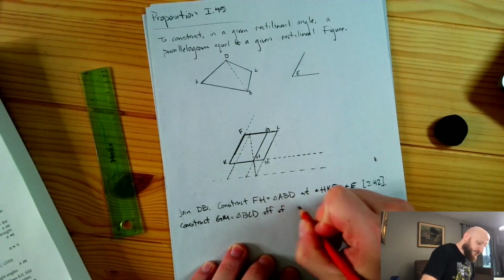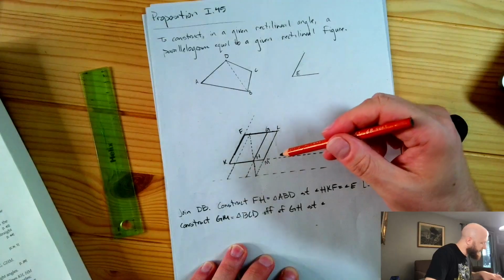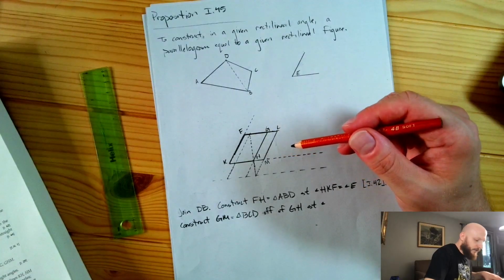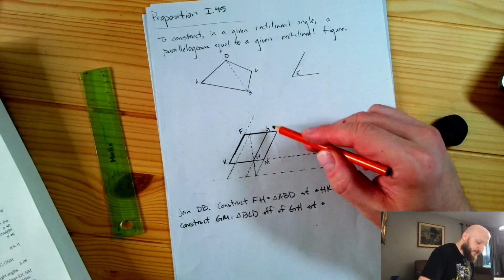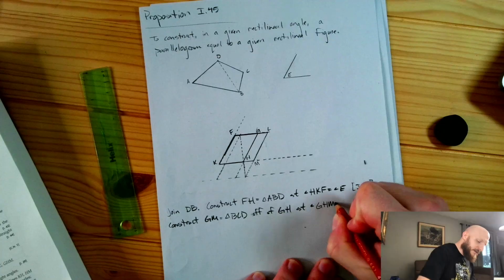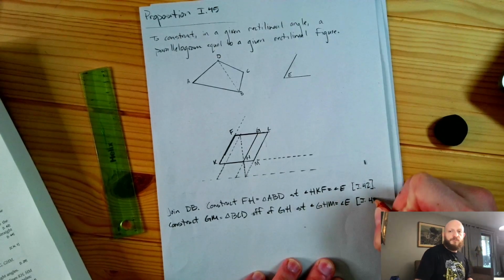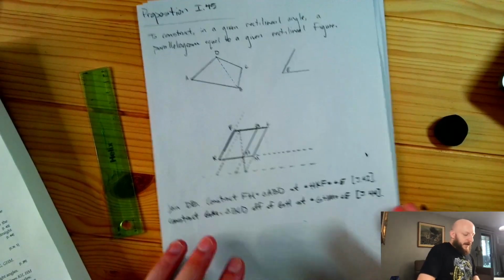Off of GH such that angle MHL, is that right? And the angle GHM, right? Such that angle GHM equals angle E. That was everything for Prop 44.